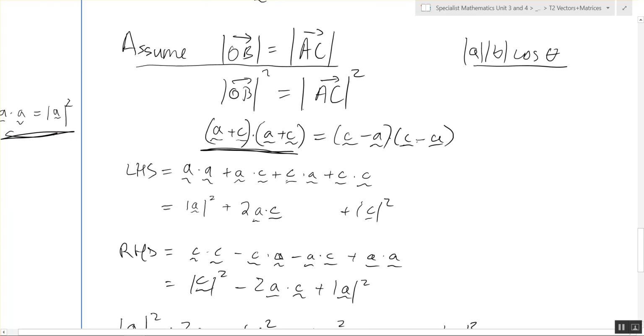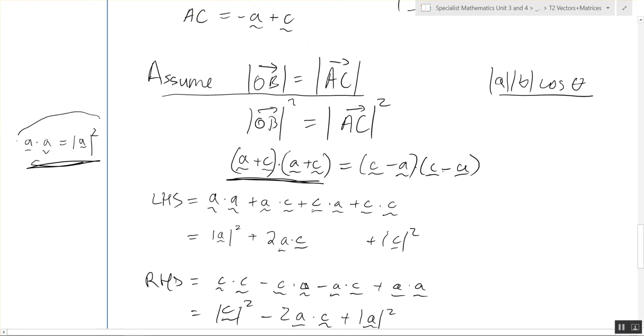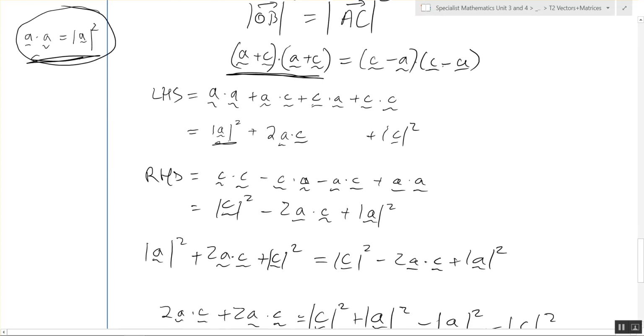If you square the diagonals, this helps us to do the dot product, expanding it. And you have to remember that when we do the dot product and the two vectors are the same, the angle between them is obviously 0, and cos 0 is 1. So it's just going to be the magnitude times the magnitude, or the magnitude squared, as you can see here.